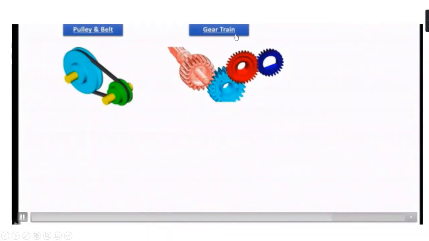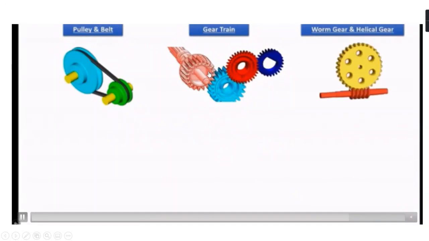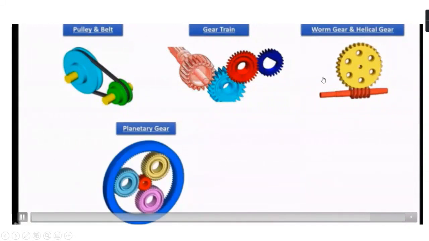Here you can see gear trains. This is using the concept of the involute. Using that, they are moving. Here you can also see they are using the concept of involute, the whole gear and helical gears.